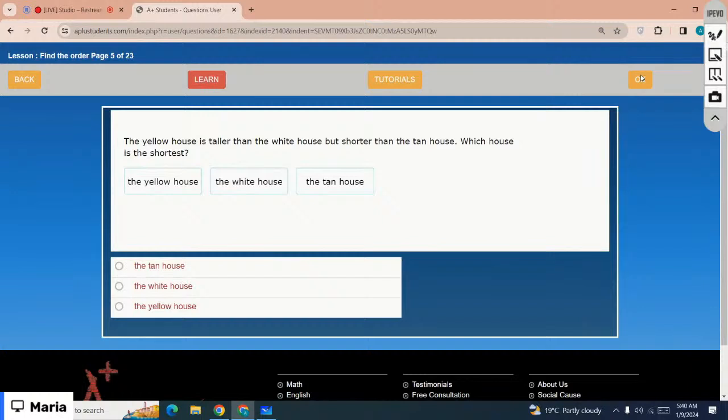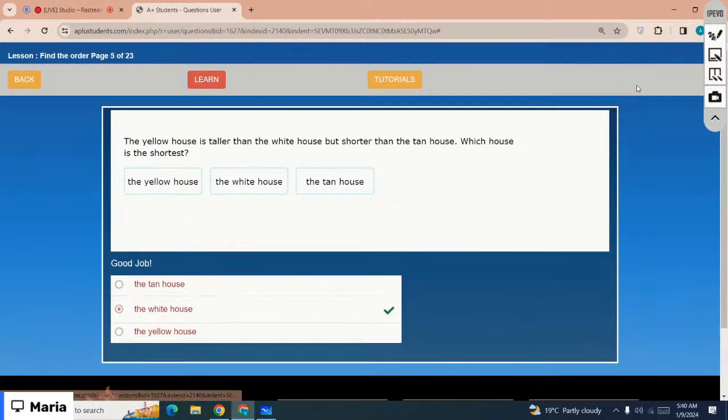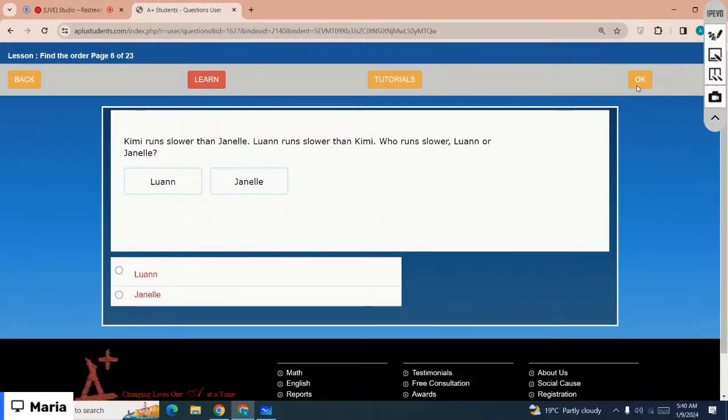Think and then answer. Yellow is taller than the white one, but yellow is shorter than the tan house. Which house is the shortest? The white house is the shortest one.